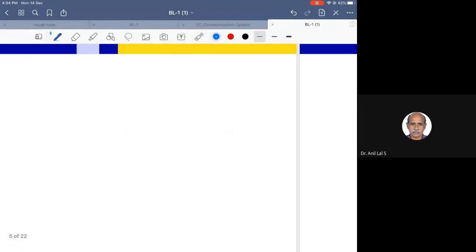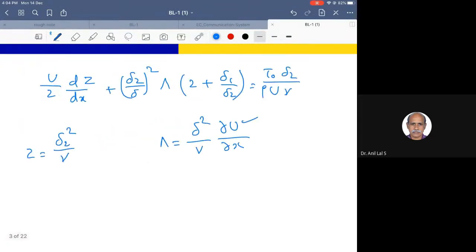Further, now if you divide these equations, z by lambda is equal to delta 2 by delta the whole squared into 1 by du/dx, or 1 by U dash.